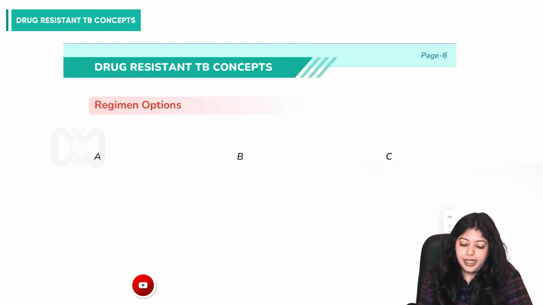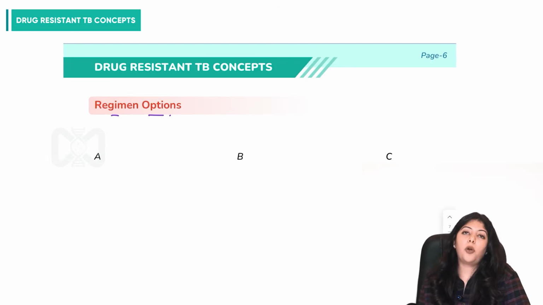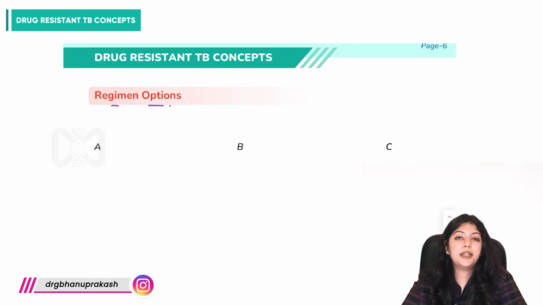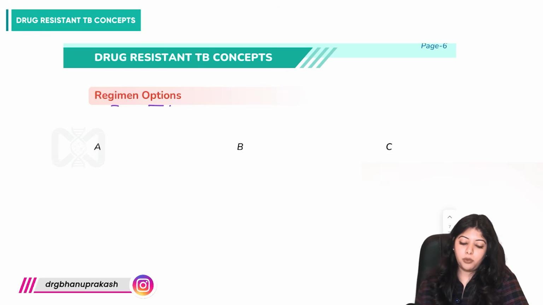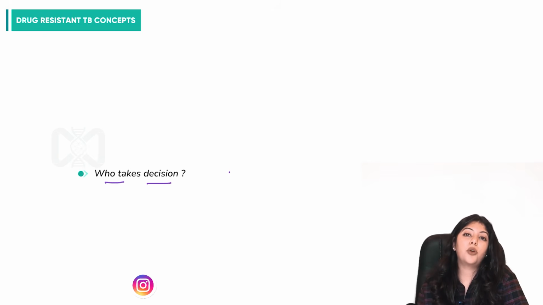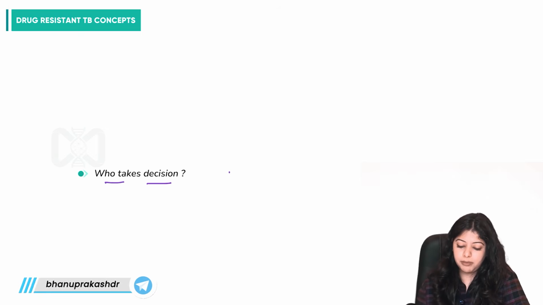So now let's talk about the regimen options. Once the TB patients have been identified based on the eligibility criteria, there is one committee who decides on the treatment options for the patients based on their eligibility and all the other factors, right? And what is this committee?